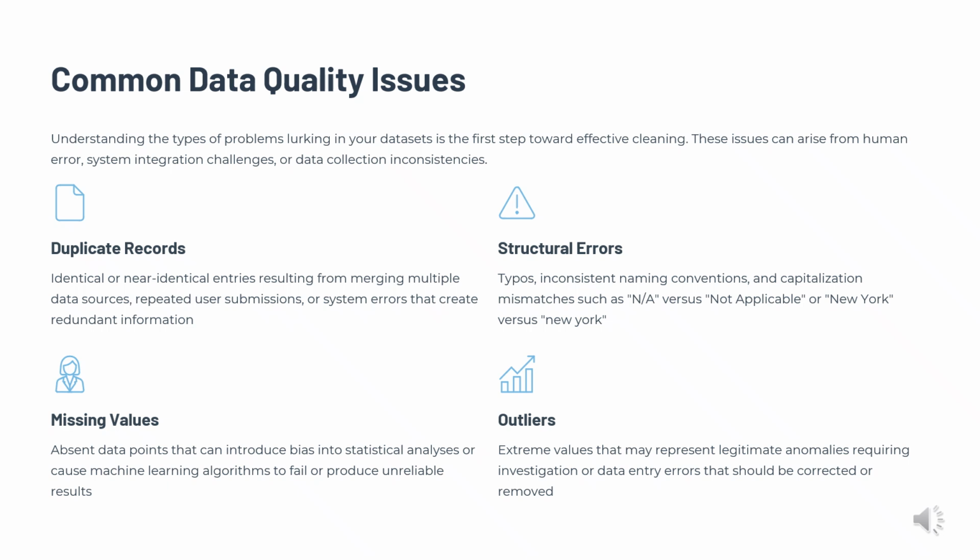Common data quality issues include duplicate records, structural errors, missing values, and outliers. In today's data-driven world, poor data quality can silently damage decisions. Some of the most common data quality issues include missing values, duplicate records, and inconsistent formats.